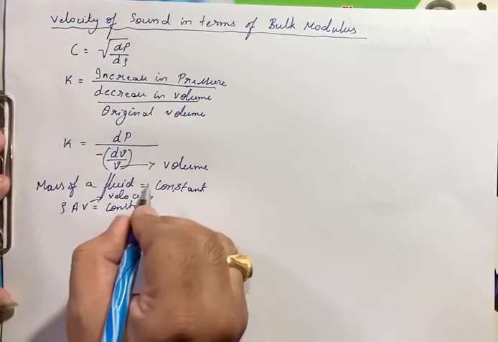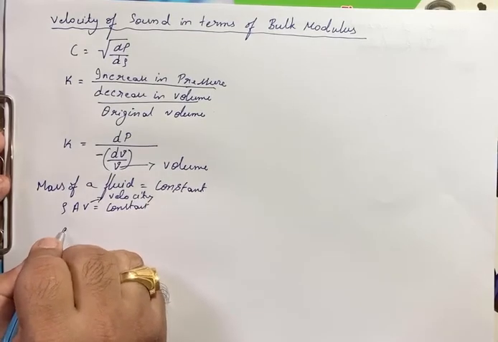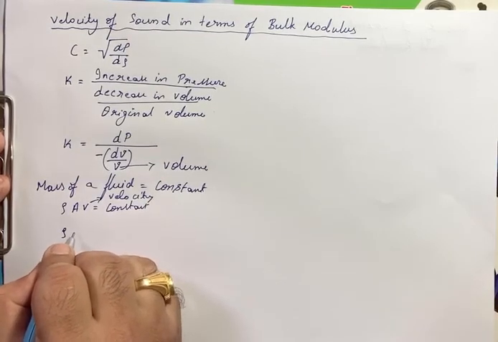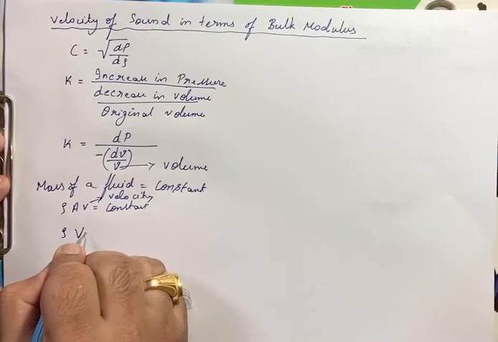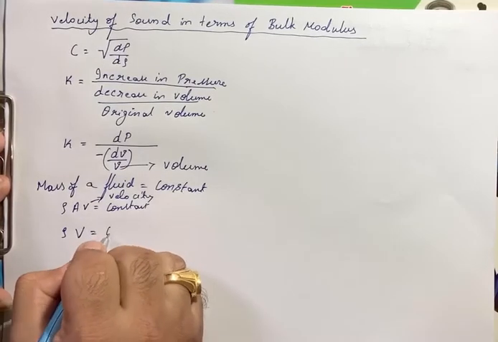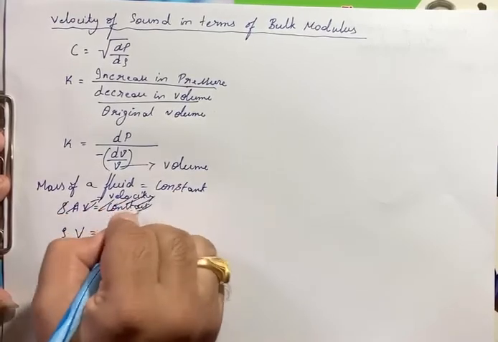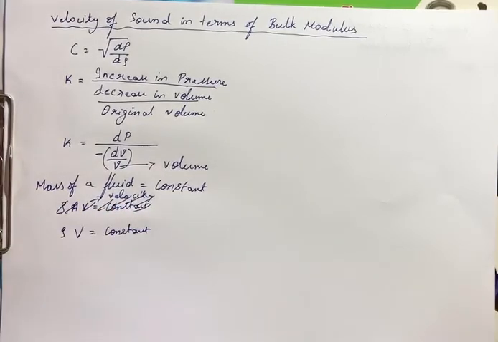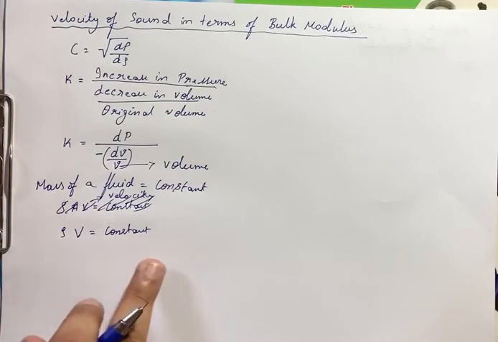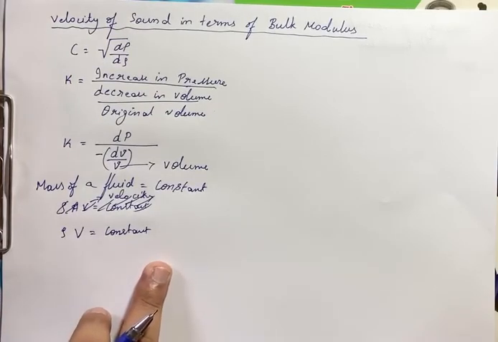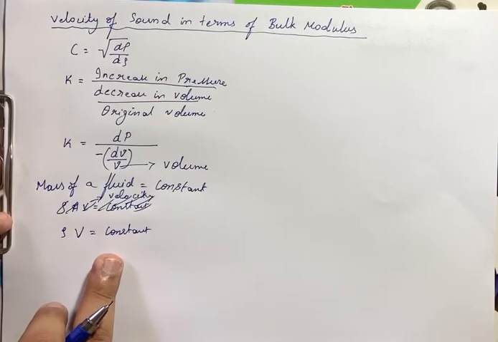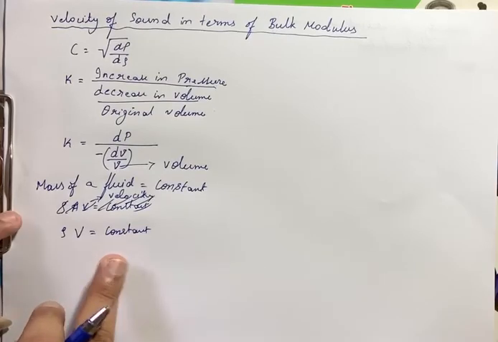This is the velocity here and this is the volume here, or else I can write rho into v, volume, is equal to constant. That is mass here. So no need to write this one directly. I can write the mass of the fluid element is constant. Rho into v is constant here, right? So I'll differentiate this equation with respect to rho and v as variables.